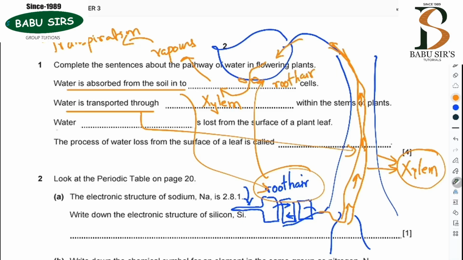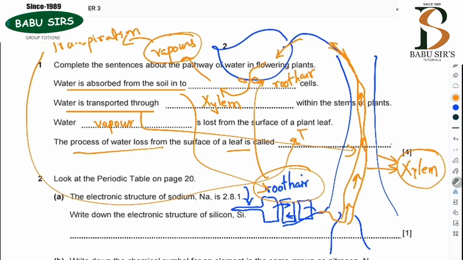Next it is written water dash lost from the surface. So water vapors are lost. So we'll write vapor. The process of water loss is called what? So the process of water loss is called transpiration.